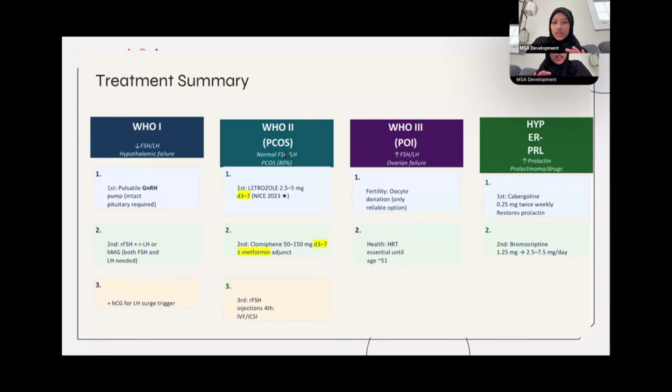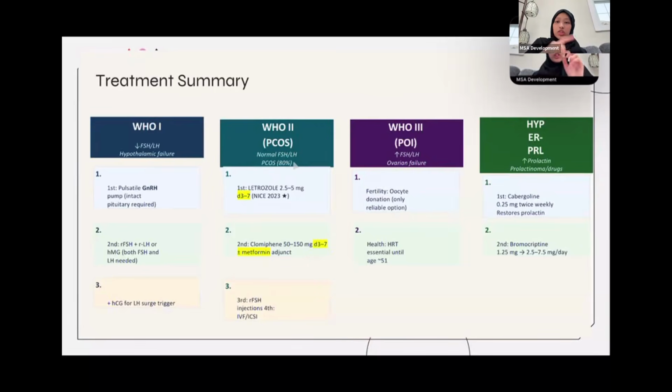Okay. WHO class 2 is again PCOS. Remember that, I'll keep repeating. The first line for this is letrozole, if you remember. Second line, clomiphene citrate. Both of these are given in the first day 3 to day 7 of the menstrual cycle. Why is that? Because you want to make sure you are following the menstrual cycle.